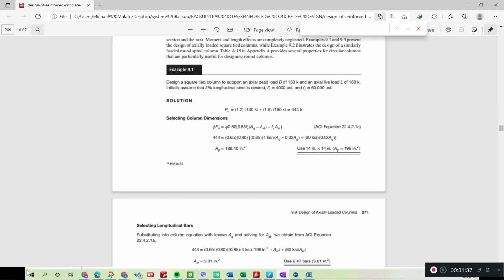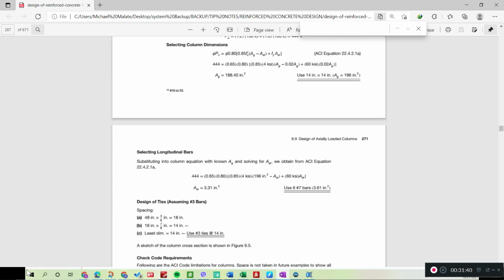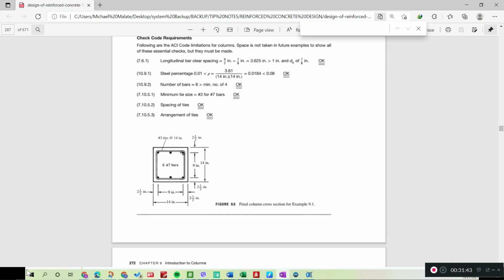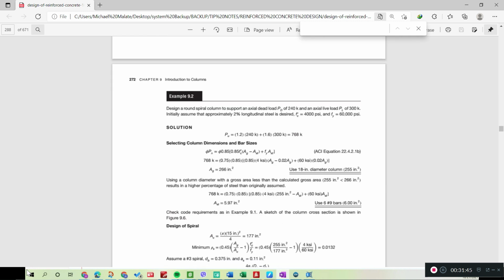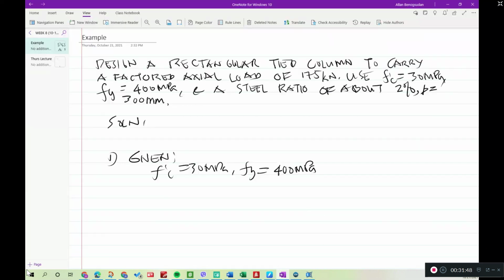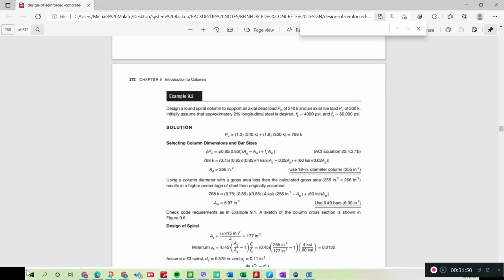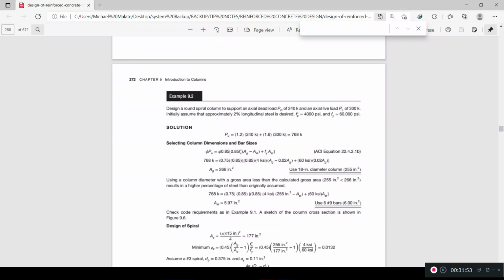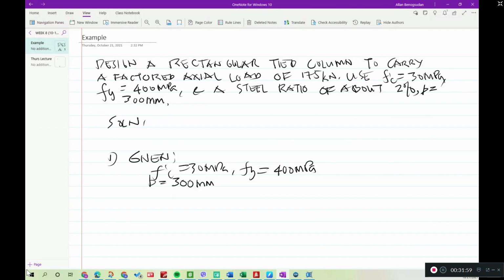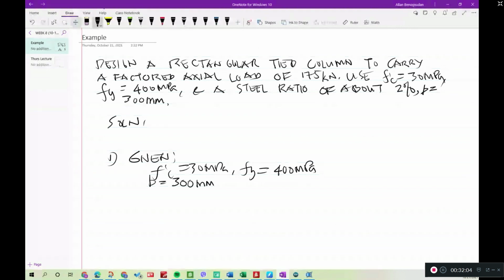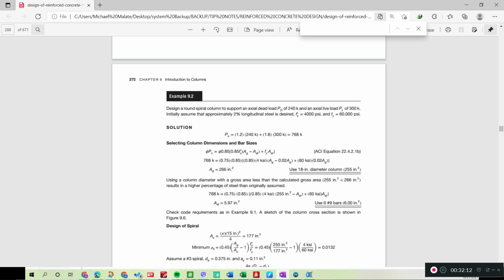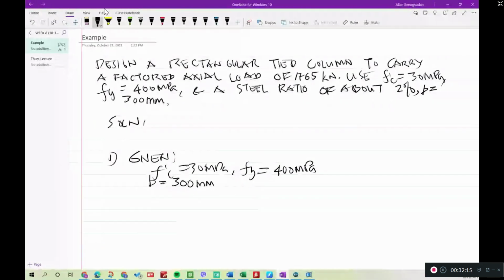So b, which is the column width, is equal to 300 mm. And Pu is 1765 kilonewtons.